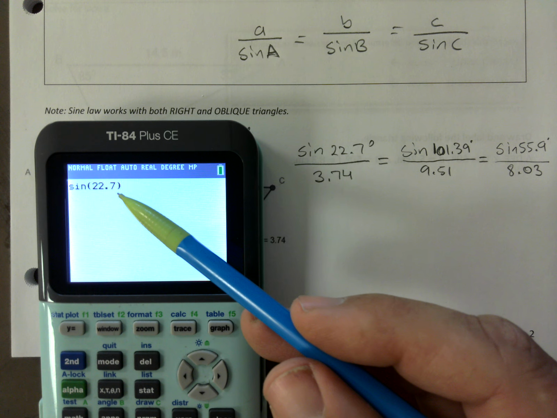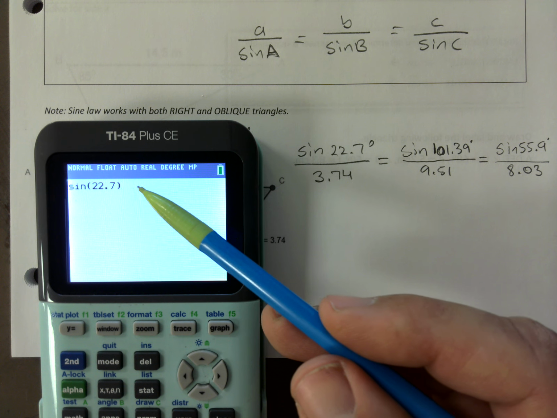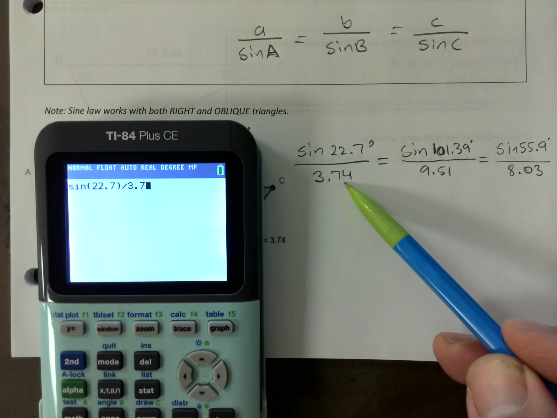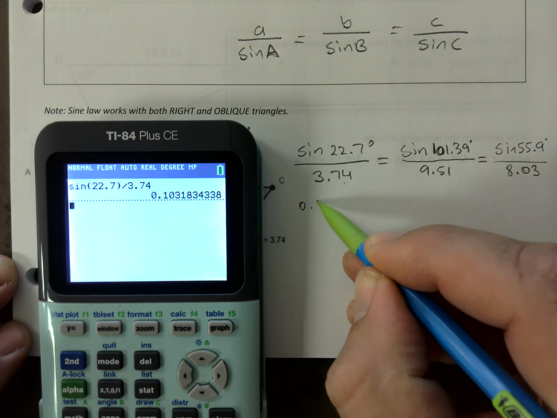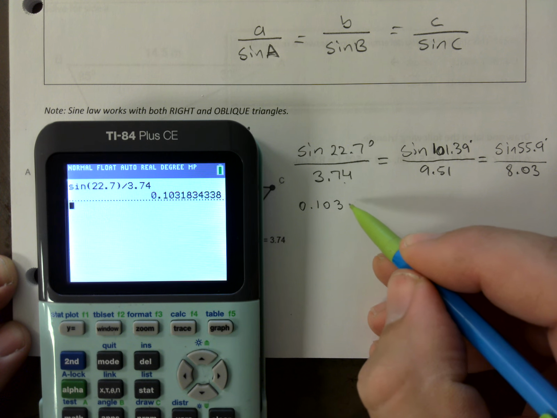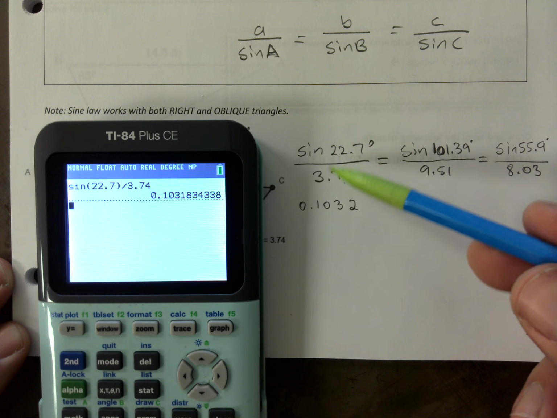Close the bracket or else it will mix it up with the numbers that are outside of it. So you close the bracket, then you divide by 3.74. You get 0.1032 if you go to 4 decimals.